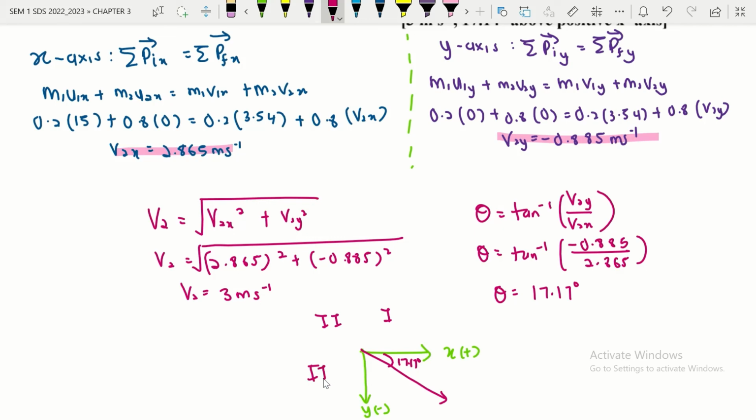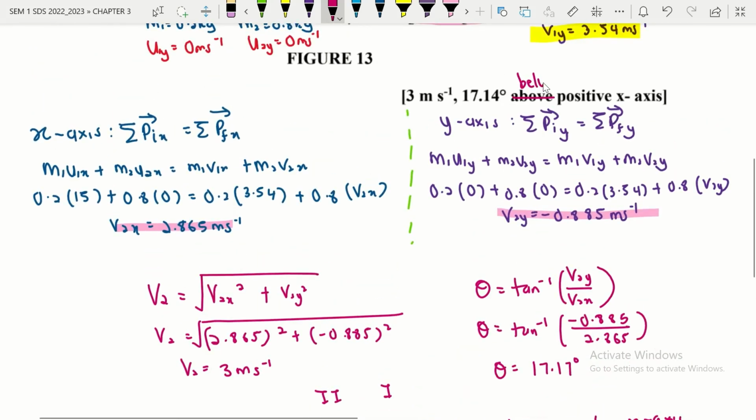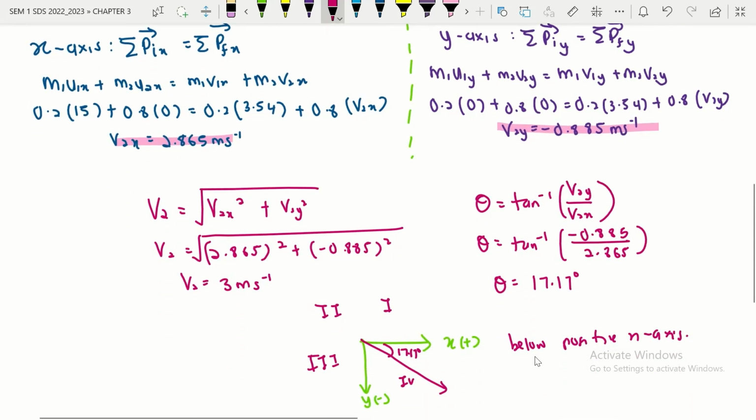So kalau kuadran yang keempat, dia akan jadi below positive x axis. So this is the answer, 17.17 degree below positive x axis. You boleh draw ataupun you boleh tulis, does not matter. So jawapan dekat sini dia bagi above salah, sepatutnya adalah below positive x axis. So that's all for question 37.